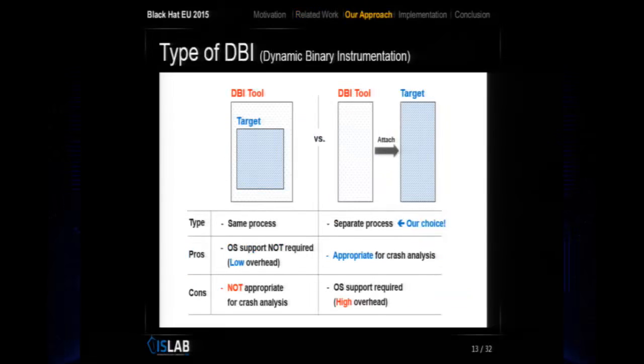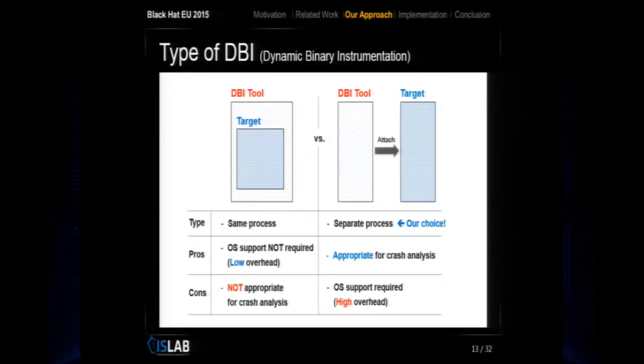Since there are no appropriate tools for instruction tracing in ARM architecture, we intended to build a DBI tool from scratch. There are two types of DBI. The left one works on the same context of the target program.